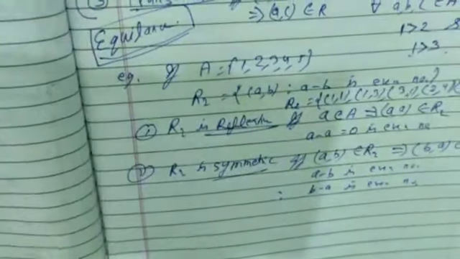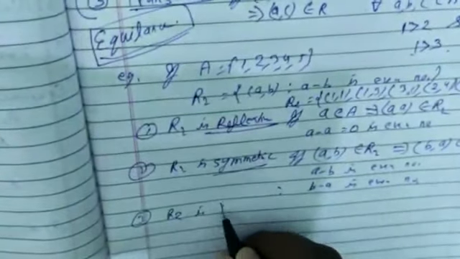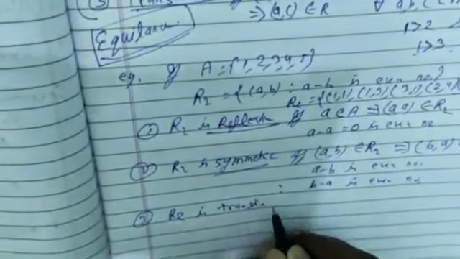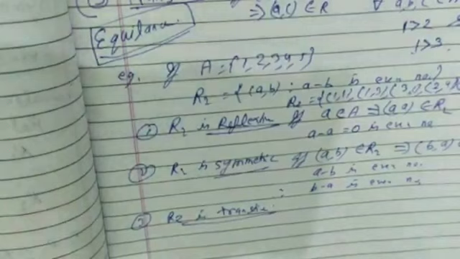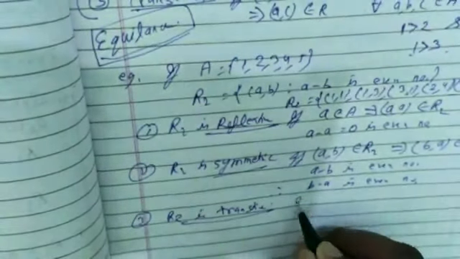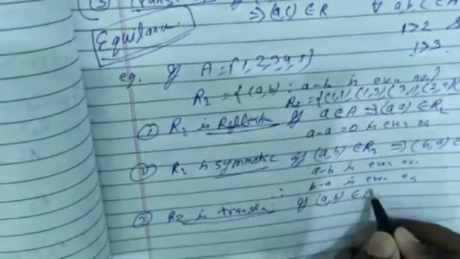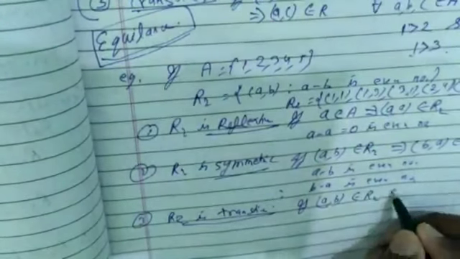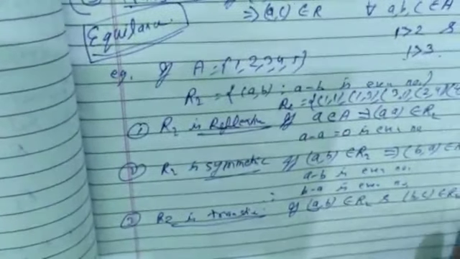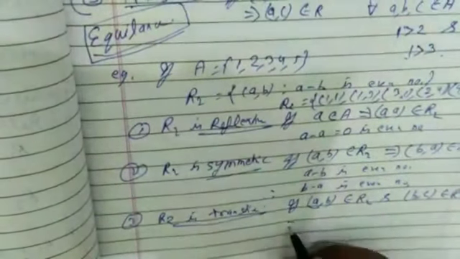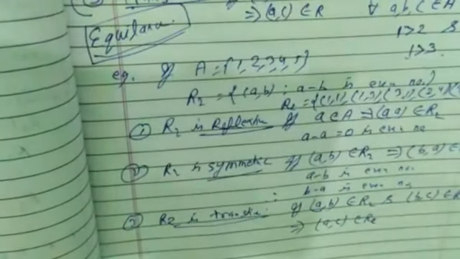So then the last topic is R2 is a transitive relation. Transitive relation is if (a, b) belongs to R2 and (b, c) belongs to R2, so it implies that (a, c) belongs to R2.